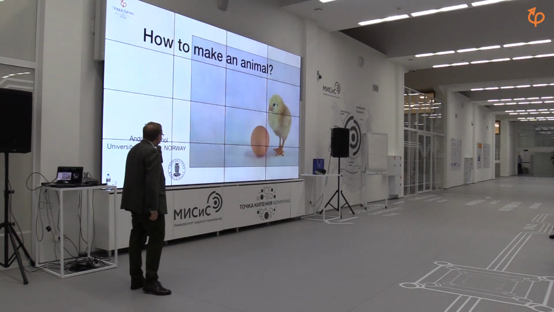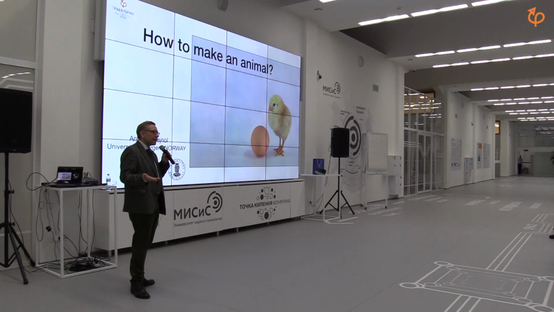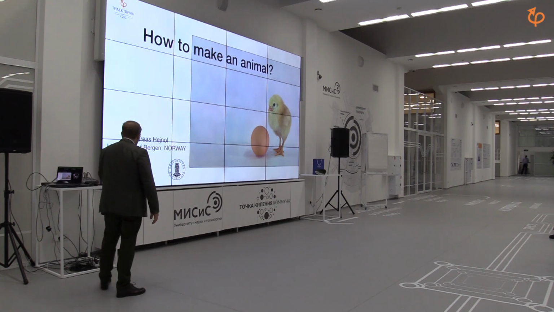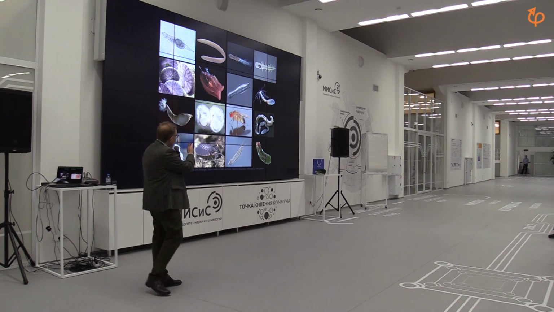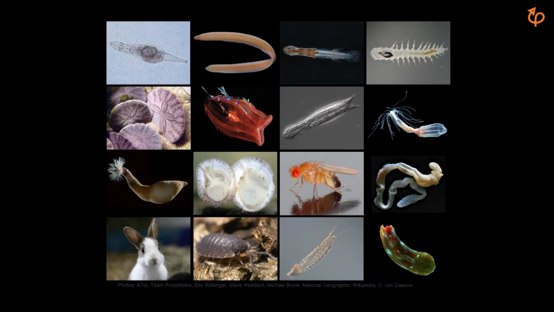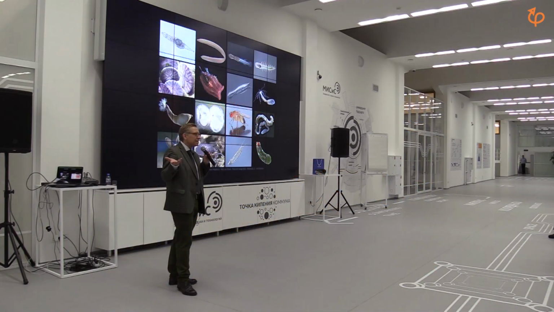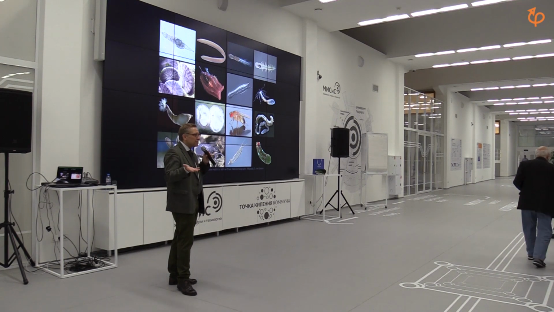This is the major question, and I want to give you an insight into how we nowadays understand how an animal develops. One of the interesting questions is, of course, how do you make this diversity, how do you make different bodies of animals in development, and how are these patterns generated?